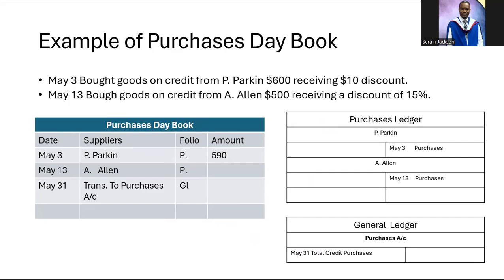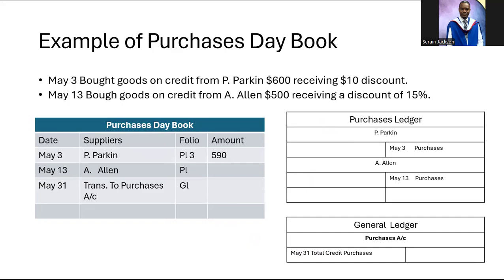You can even be more specific and put the exact page in the purchases ledger where you can find P Parking's account. So say, for example, P Parking's account is in the purchases ledger on page 3. You put PL, which stands for purchases ledger, and then page 3. And then the amount, which is $590.